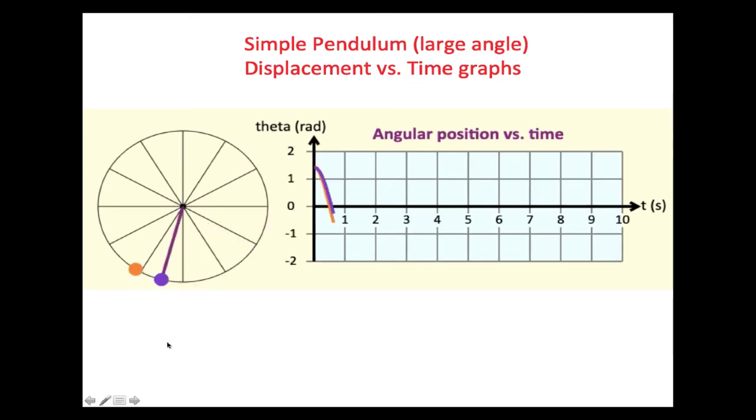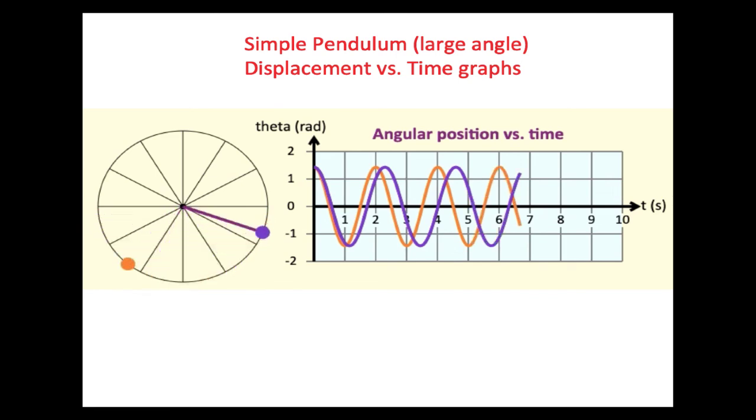For comparison, let's look at the displacement versus time graph for large angles. Here, the orange-colored oscillating bob and graph are representing what is expected of the pendulum if it undergoes SHM. The purple-colored graph is showing the actual motion of the pendulum at large angles, which is oscillatory but not matching the sine curve at all. So pendulum motion is not simple harmonic at large angles.